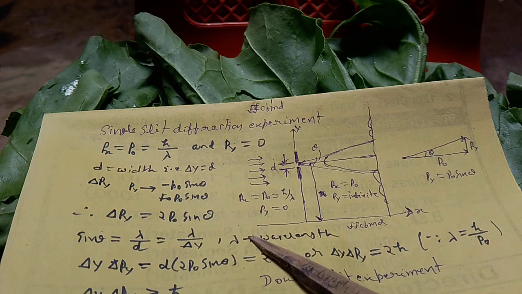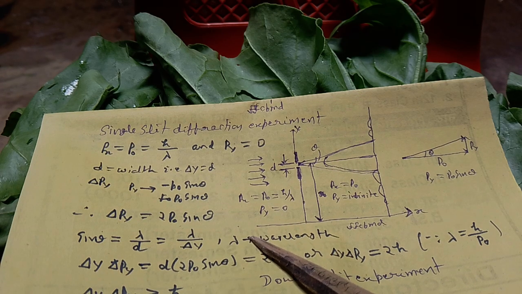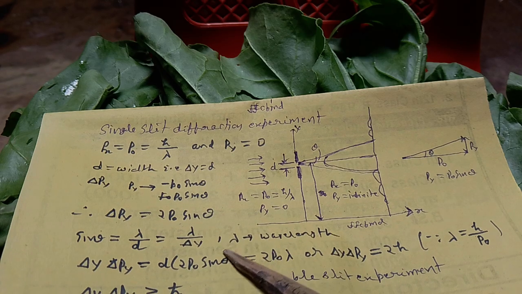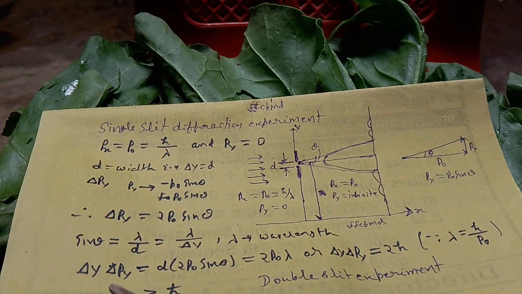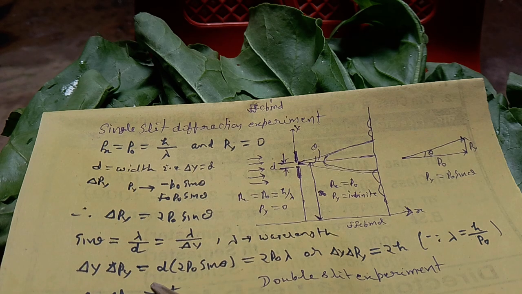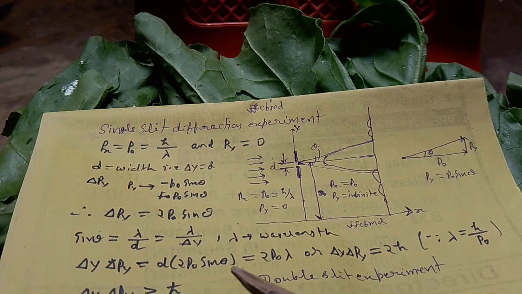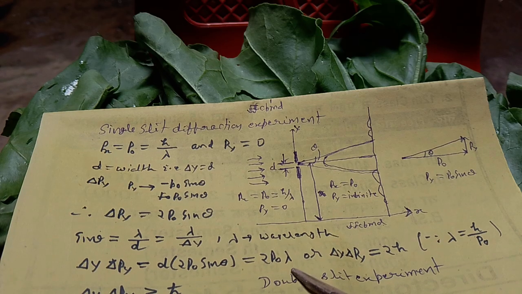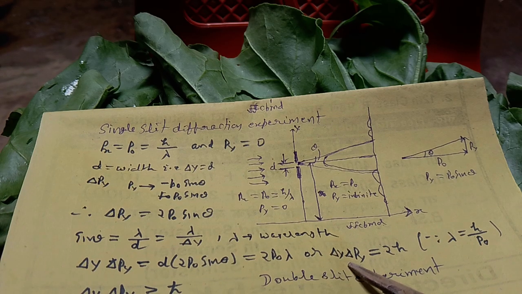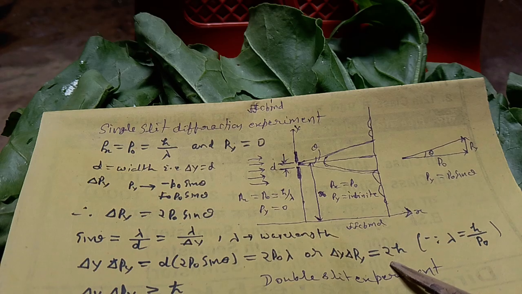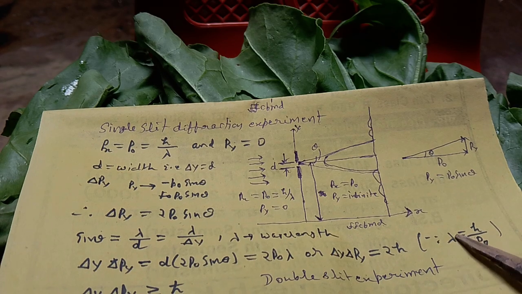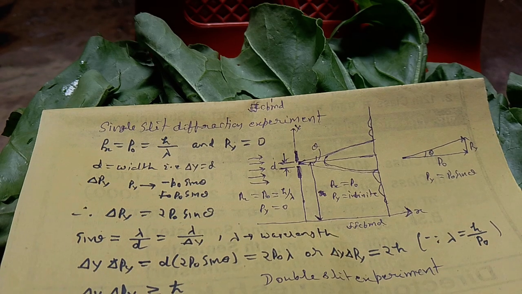Here lambda is the wavelength of the incident beam or light. Hence, we obtain delta y times delta P sub y equals d times 2P naught sine theta equals 2P naught lambda, or delta y times delta P sub y equals 2h, since lambda equals h by P naught.